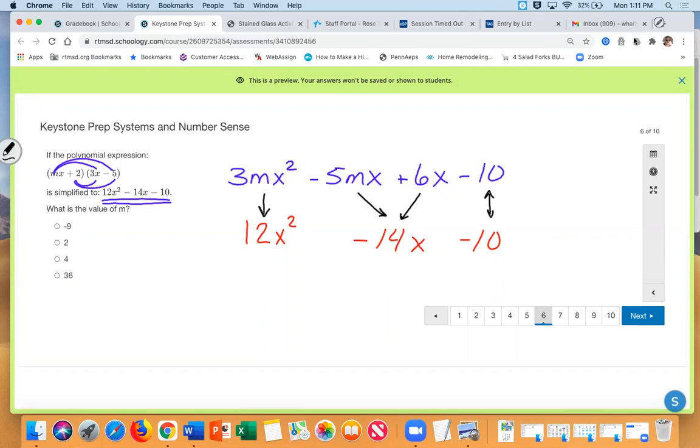Those two have to match up because they're the only ones with x squared. So Jagger, when does 3mx squared equal 12x squared? Well, the funny thing is these x squareds really don't matter. I'm just asking, 3 times what is 12, Jagger? 4.